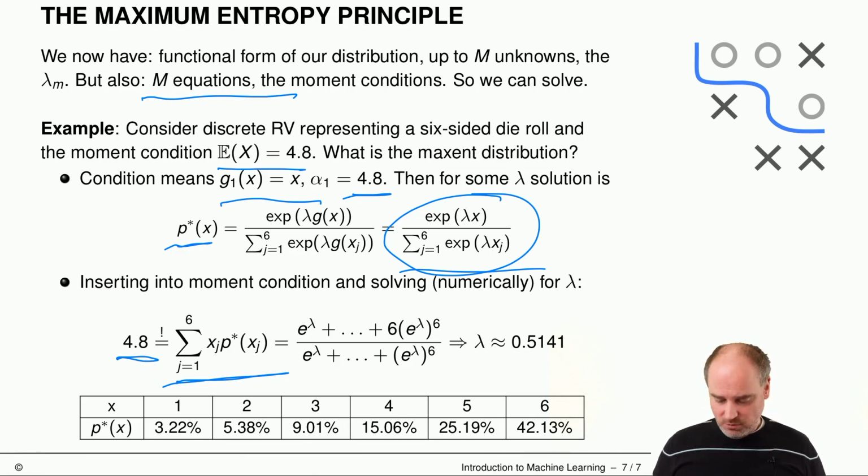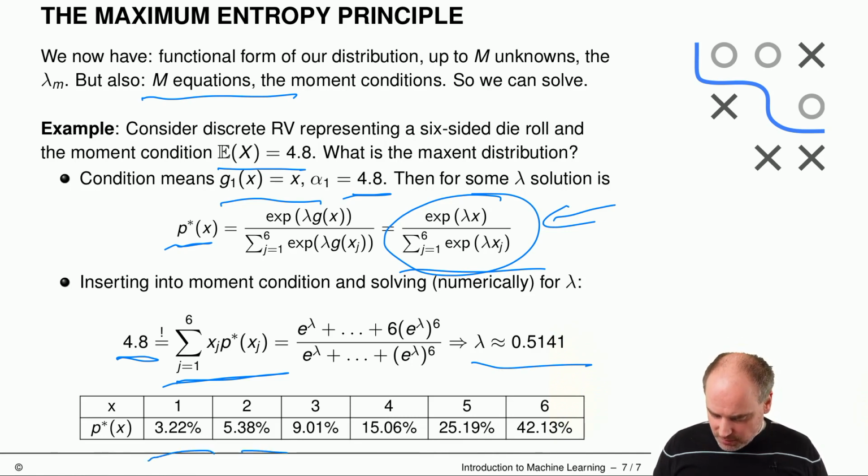This has one unknown, the lambda, and now we have this nonlinear equation. So we have one nonlinear equation with one unknown, the lambda, and we simply numerically solve for that, which gives us a lambda of approximately 0.5141. We plug that into this functional form, and we can now write down the probability mass function exactly like this here.